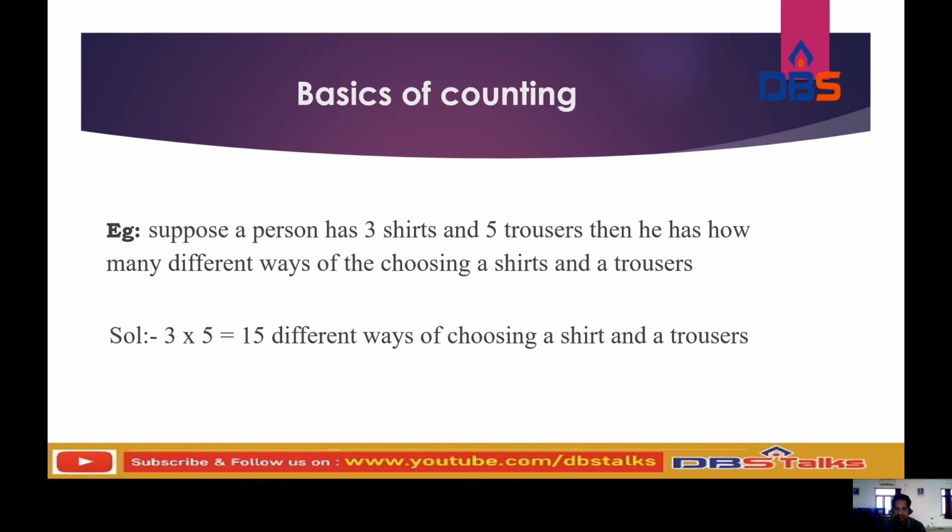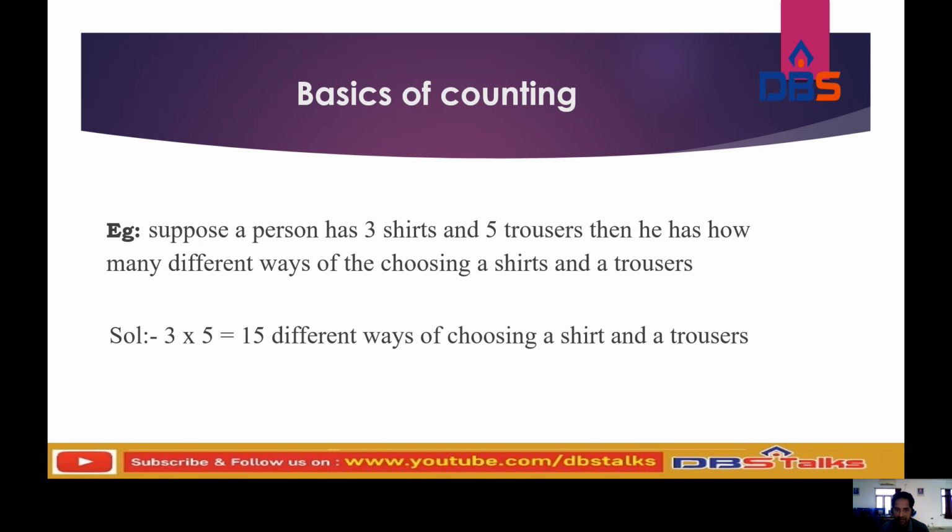See, for example, suppose a person has 3 shirts and 5 trousers. Then how many different ways are there of choosing a shirt and a trouser? That is 3 into 5, that is equal to 15 different ways of choosing a shirt and trousers. That is, the first shirt with 5 trousers, the second shirt with 5 trousers, the third shirt with 5 trousers.